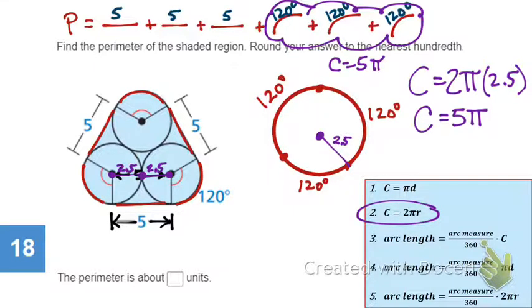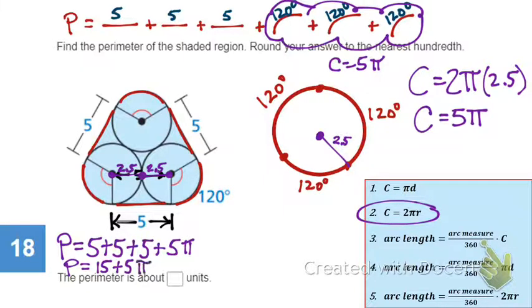Now to find the perimeter, we just need to add the 5 pi to the 3 line segments that we started with. So our total perimeter is going to be 5 plus 5 plus 5 plus 5 pi. So that will be a perimeter of 15 plus 5 pi.